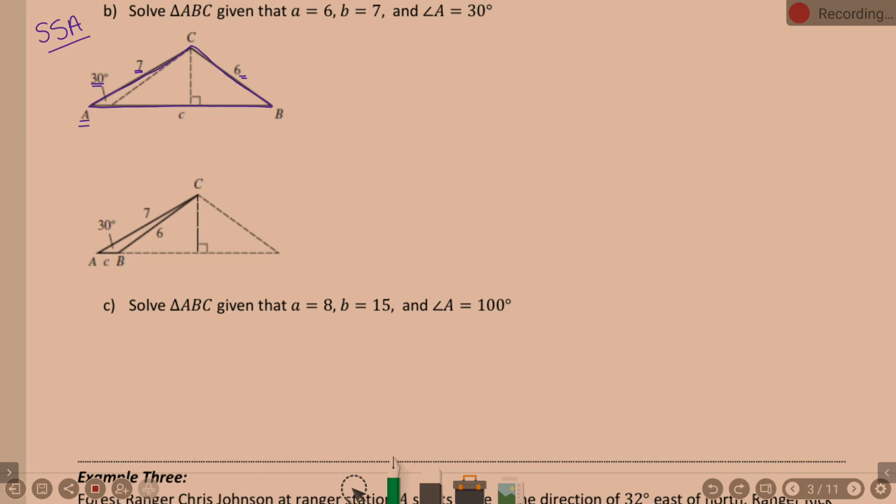You also have the second example, where you still have your 30, your 7, your 6. Because this side 6 is smaller than side 7, this side that was out here, that 6 could also swing under, and now C, instead of being an obtuse angle, is a very tiny, very acute angle.